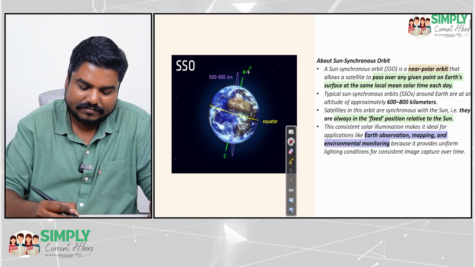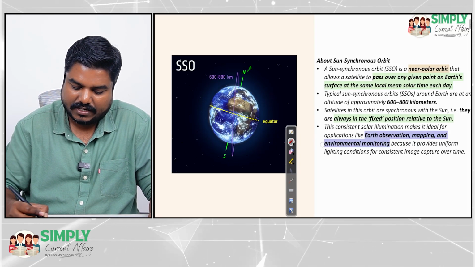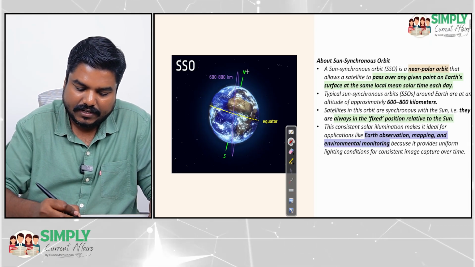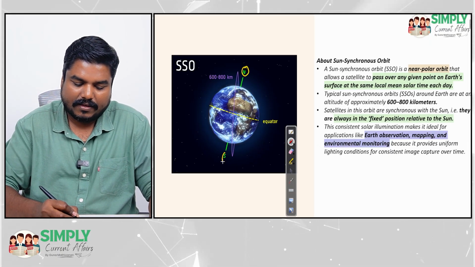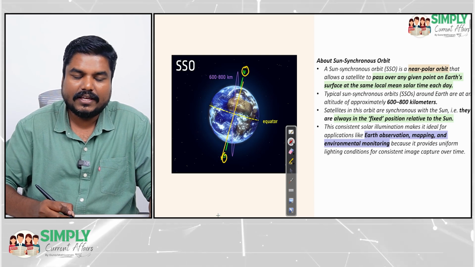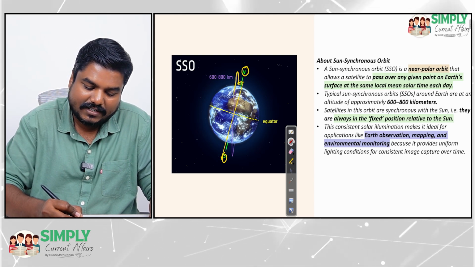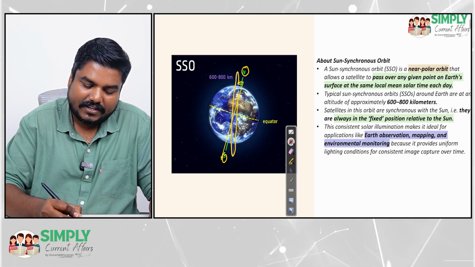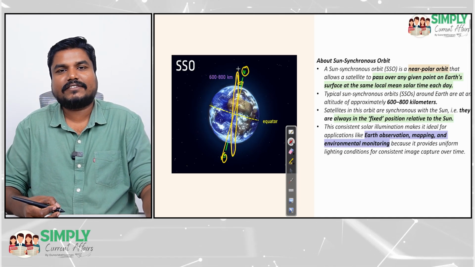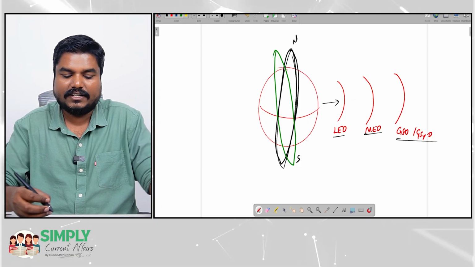So this is the north-south. The sun synchronous orbit is slightly tilted from this north-south direction. This tilt is essential.